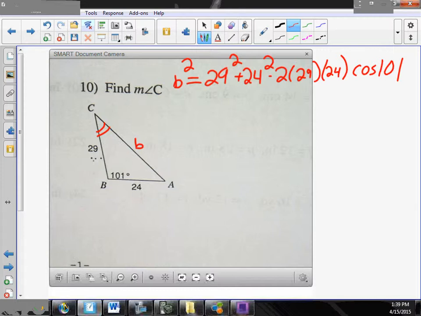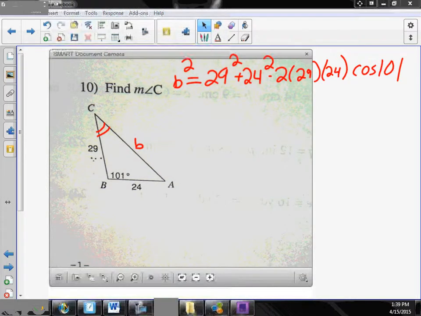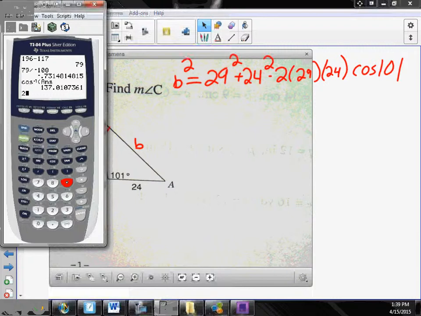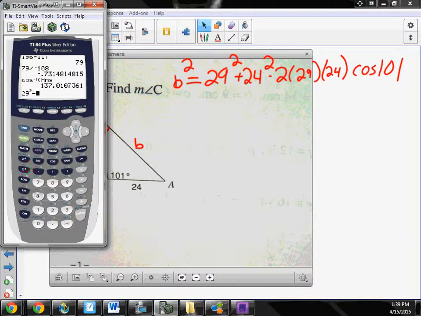All right. So I can just plug all that in. What does that tell me?